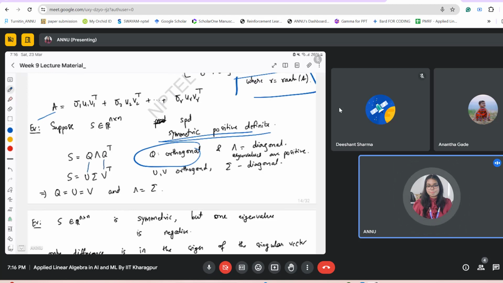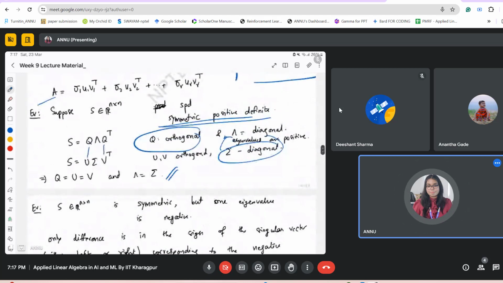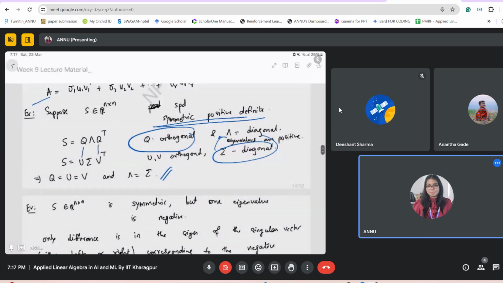So in the case of symmetric positive definite matrices, this is the same. But if you talk only about this, then for that symmetricity is required. So this is one of the properties that is there.